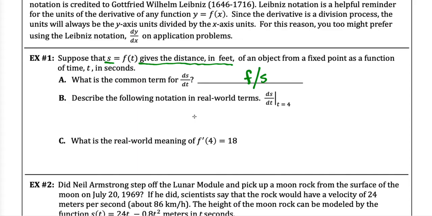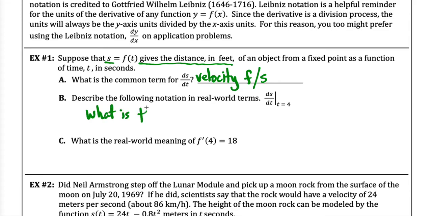Okay, so we just talked about ds dt being the velocity, or feet per second. I did not even write velocity up there. So is it like, what is the velocity when it's 4 seconds? Perfect. This is asking you to find the velocity when the time is 4.